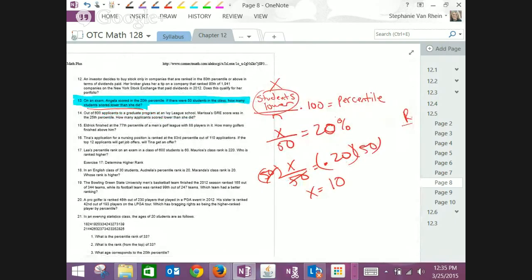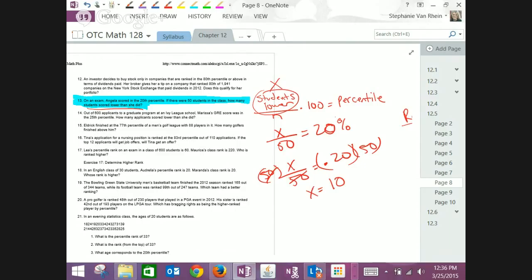Okay, so she would be ranked 39. It's a little backwards than what you would expect, because if you're ranked first, you're in the 99th percentile, or 90th, depending on how many data points you have. If you only have 10 data points, you'd be in the 90th percentile, because 9 people are below you. 38 students are above her, 10 students are below her.